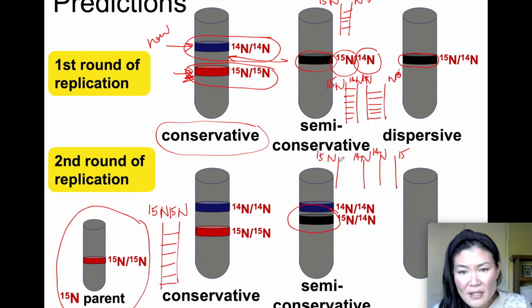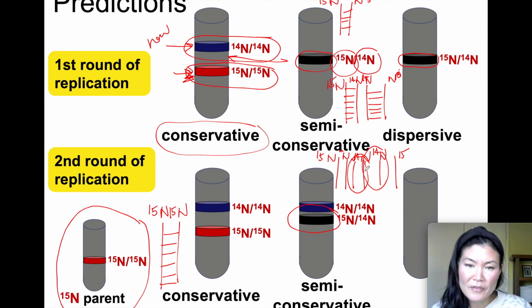So you're going to end up with, this is nitrogen 14. This is going to get too crowded, I believe. But basically, this one and this one are all pure nitrogen 14, whereas the original nitrogen 15s are on the outside. They're going to be half nitrogen 15, half nitrogen 14. And that's why you see these two bands.